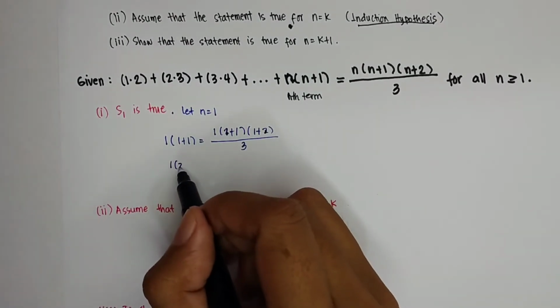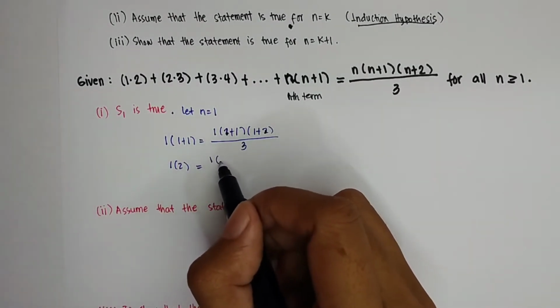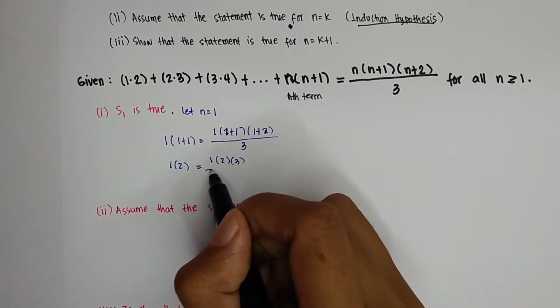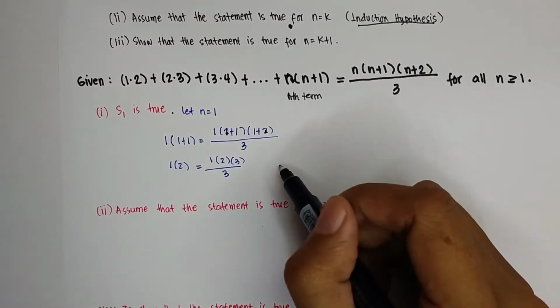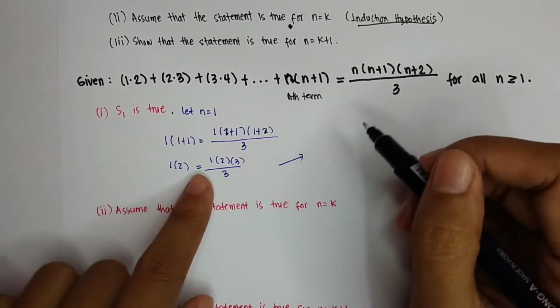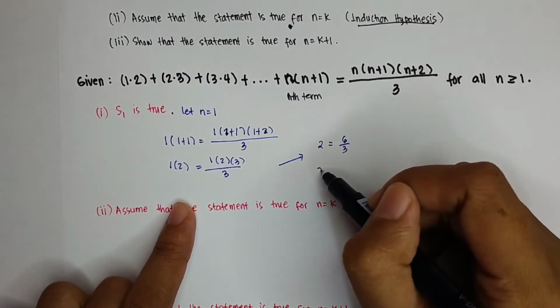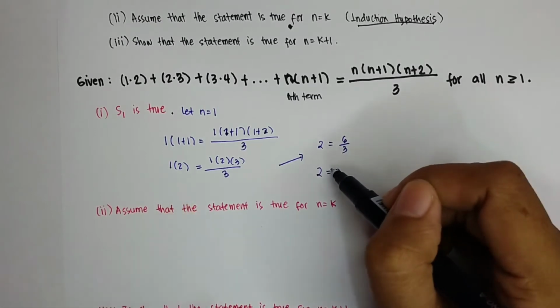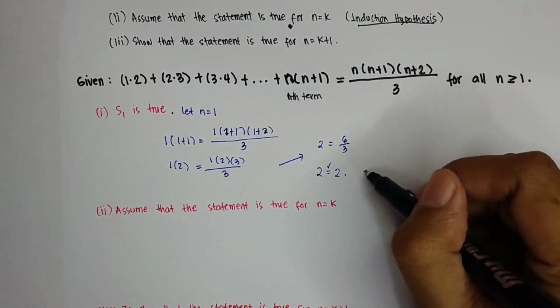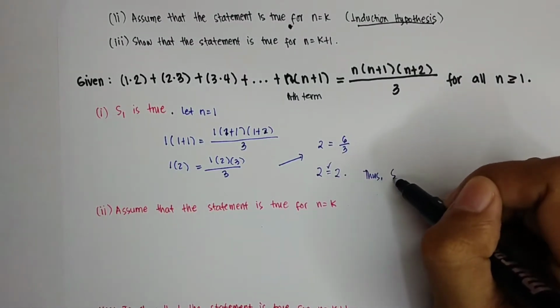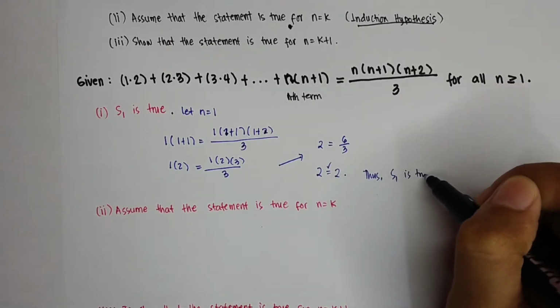So this will be 1 times 2 is equal to 1 times 2 times 3 all over 3. So 1 times 2, that is 2, is equal to 6 over 3. Basically, this is 2 is equal to 2. Therefore, thus, S1 is true.